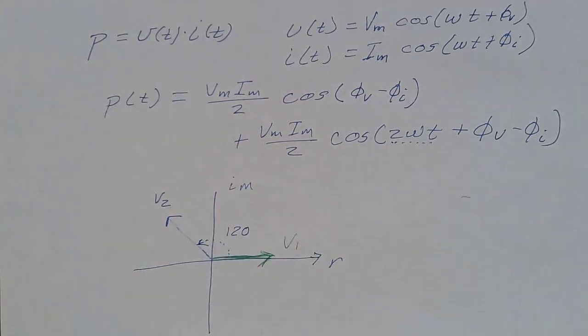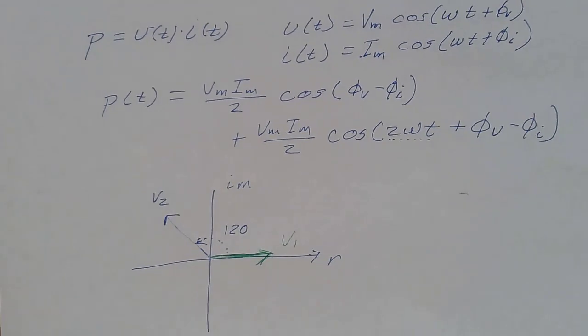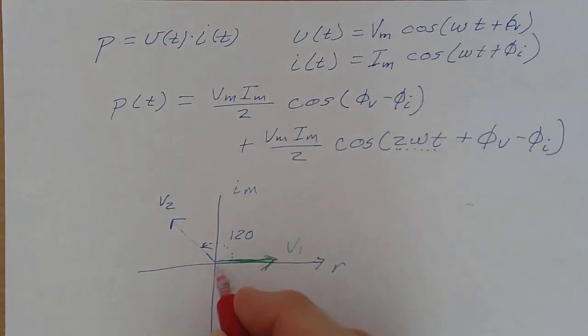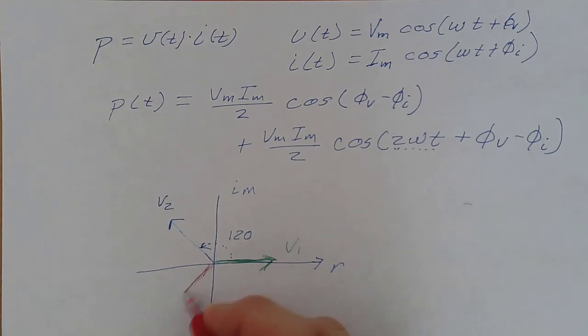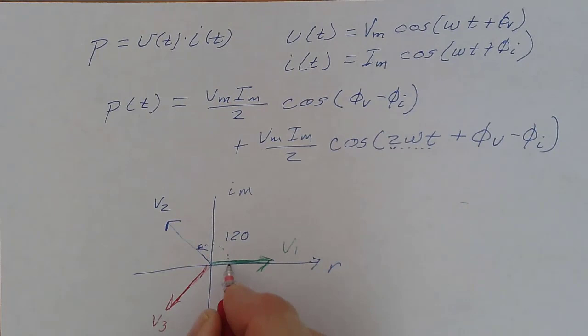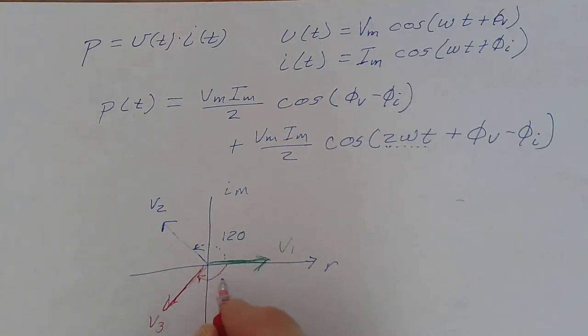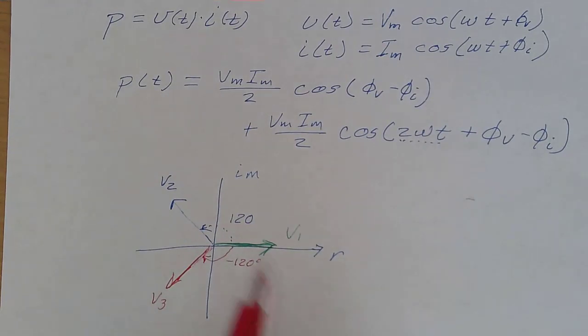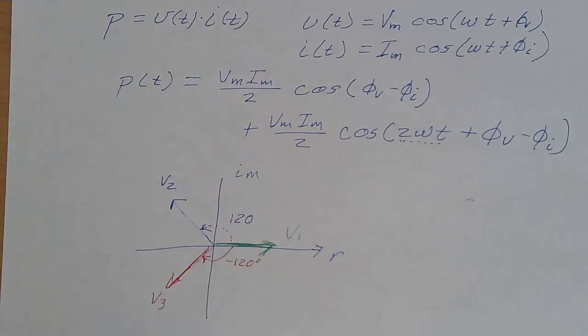Now, as I do the animation here in a moment, that will make more sense. Finally, there's another one right here. So this one is V3, and it's at minus 120 degrees. Always remember, this phasor diagram is kind of frozen in time at time 0.